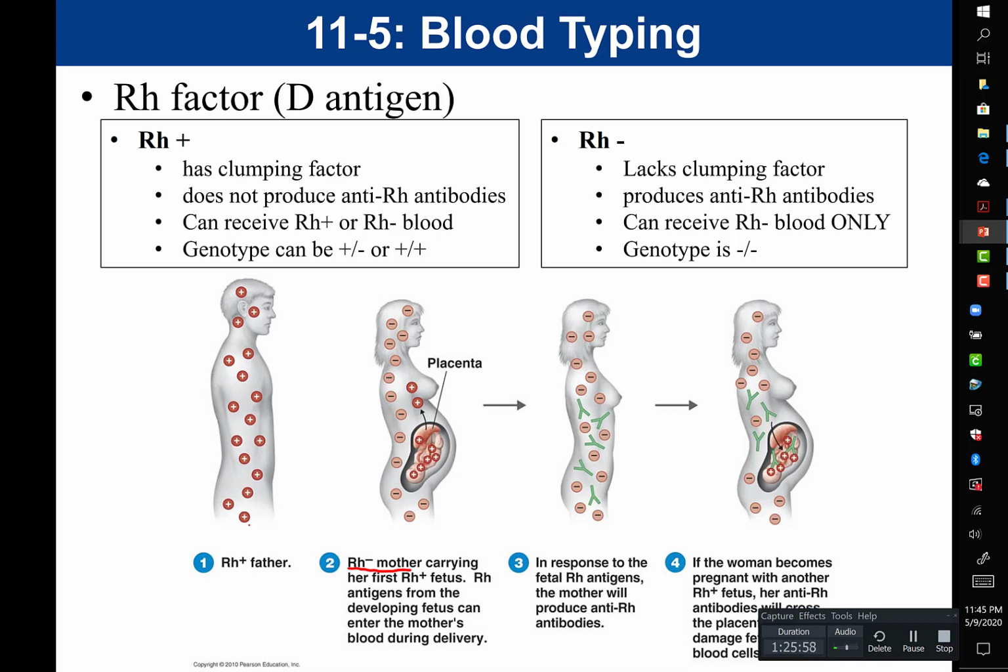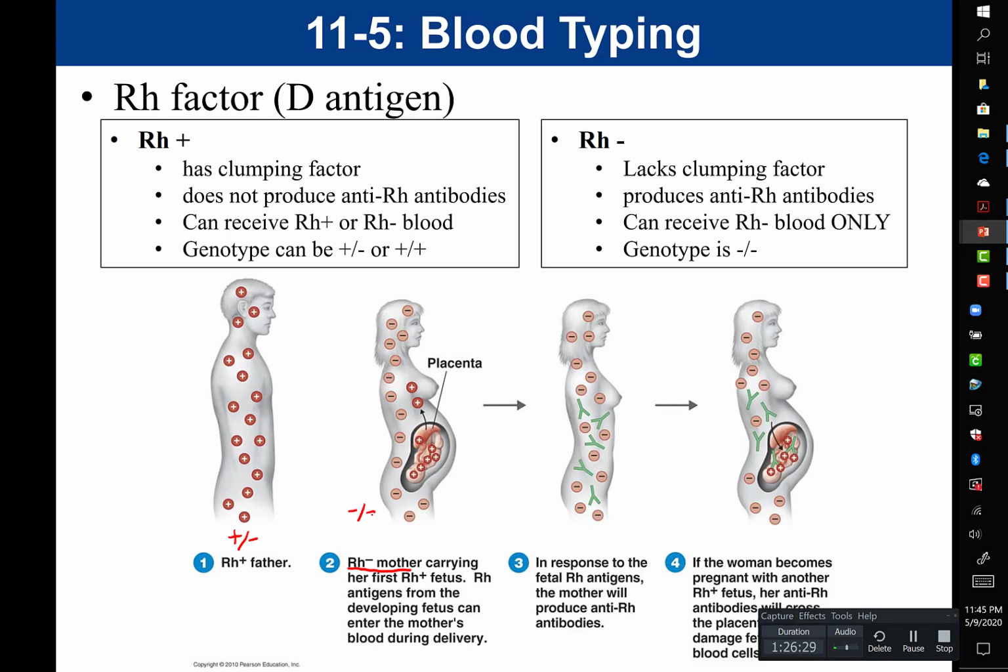So if mom is Rh negative, she is negative negative for her genotype. Dad could be plus plus, or dad could be plus minus. If dad happens to be plus minus and mom is minus minus, there is a chance that the baby could also be Rh negative and there would be no problem.